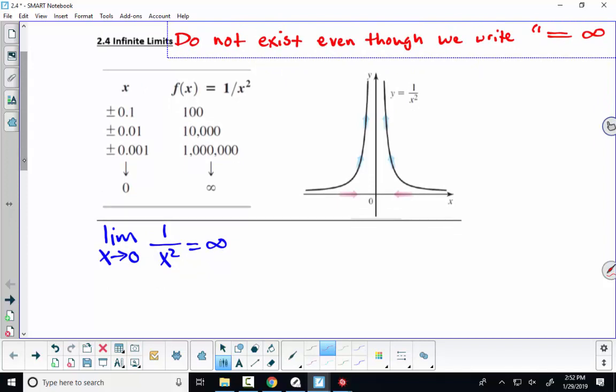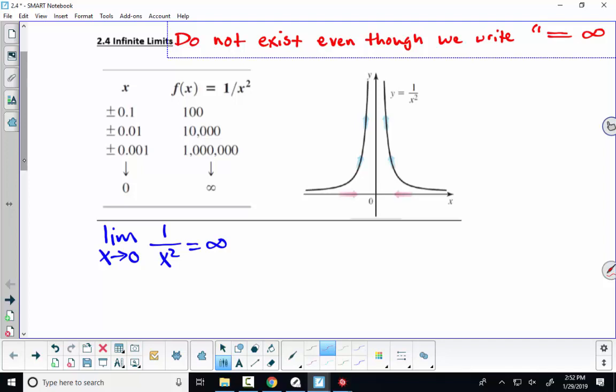So what do we have, as far as the function 1 over x squared goes, what does this limit tell us? As I approach 0, the function values just keep getting larger and larger. What does that have to be on the graph of the function? Vertical asymptote. It has to be a vertical asymptote. There is no other choice for what could be happening at x equals 0.